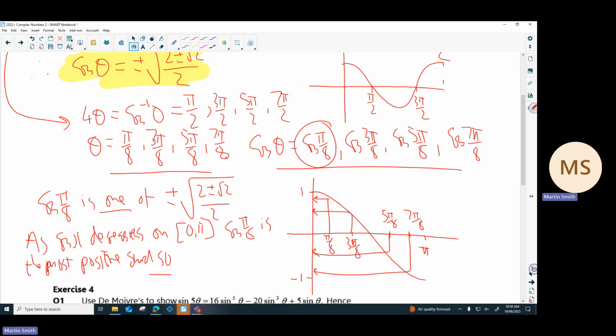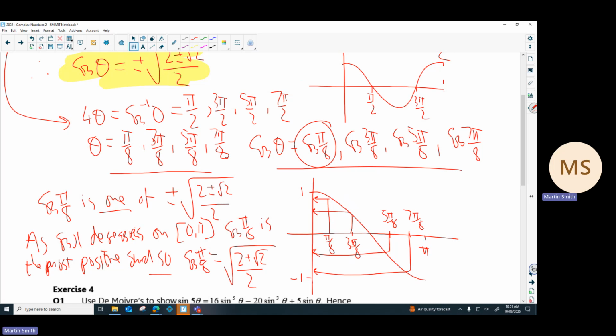So consequently, to make this surd as positive as possible, you want a plus sign underneath the square root to make the surd underneath the square root as big as possible, and then a plus sign afterwards. So the exact value of cos pi over 8 is the positive square root of 2 plus root 2, over 2.